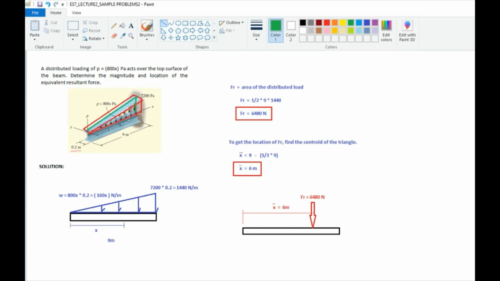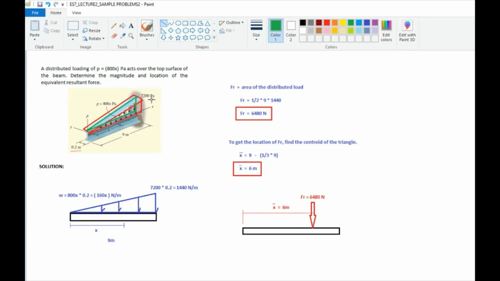Okay, pag ganyan na siya, 2D na siya. Okay, parang ito na yung itsura. Okay, so we can look at it na naka 3D. Naka 2D. Okay, so multiplying 800x by 0.2 meter, we get 160x Newton per meter.